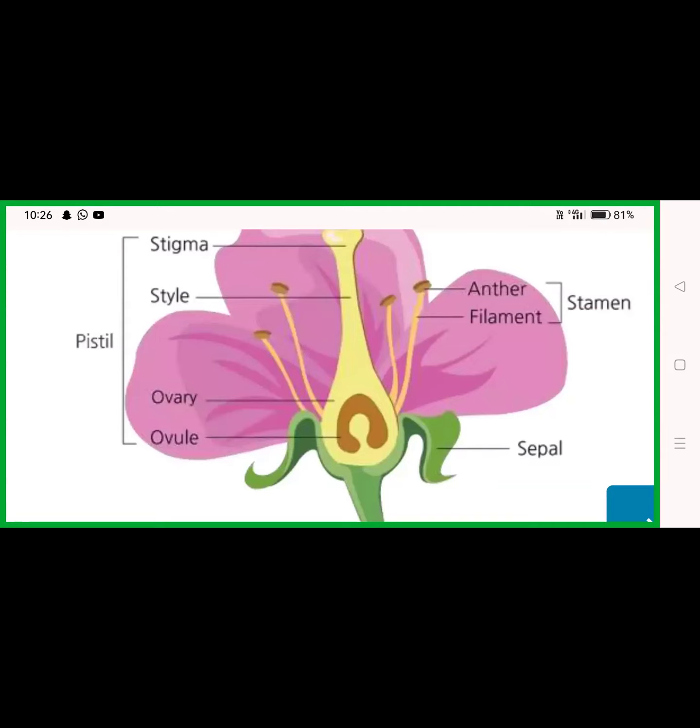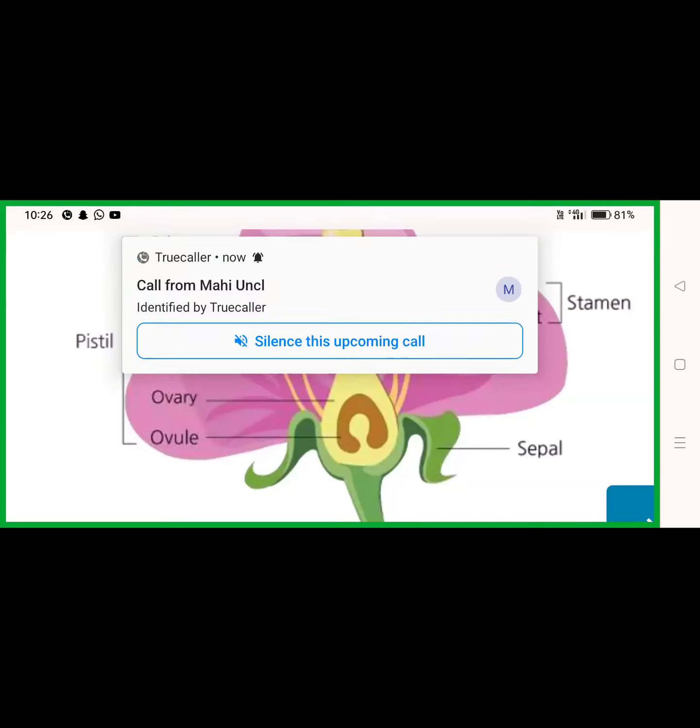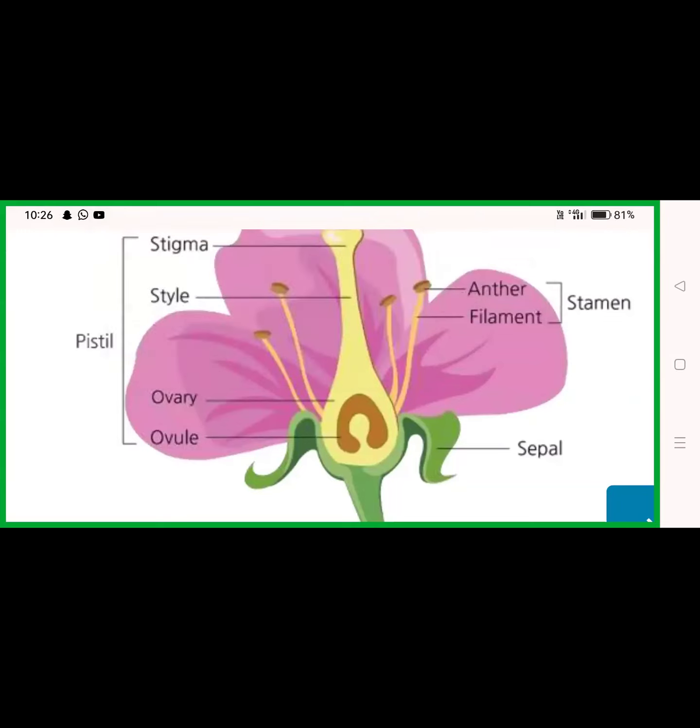Next, coming to the tapetum. It's very important in the anther structure. This is the innermost layer of the anther wall. Below the epidermis is the endothecium, whose layer develops fibrous bands and helps in the dehiscence of the anther. The tapetum is the innermost layer of the anther wall and completely surrounds the sporogenous tissue.